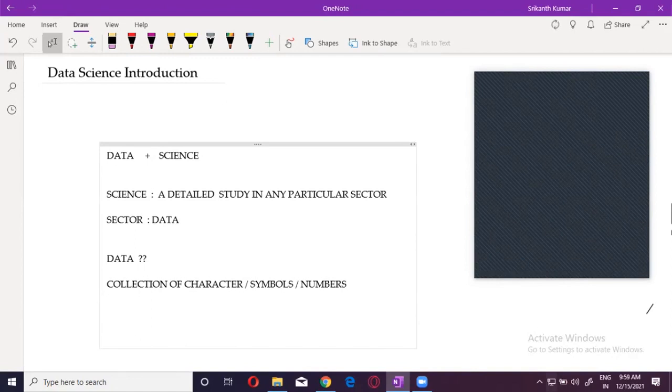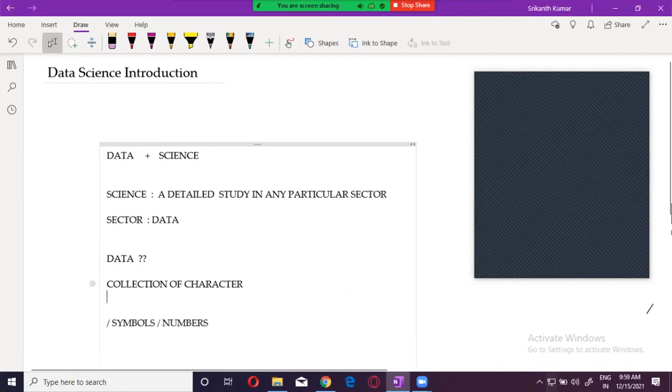Data is nothing but a collection of characters, numbers, or symbols. Now let me give a small example. If you take a collection of characters, is India data? Yes, it is a collection of characters. It is data.